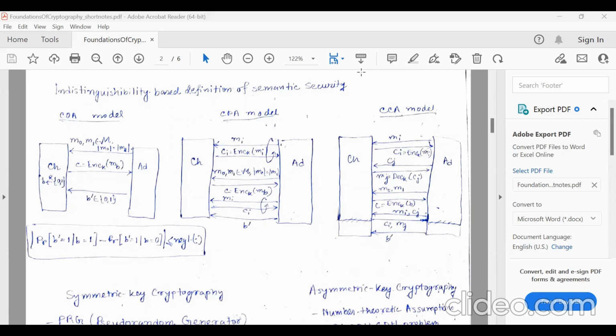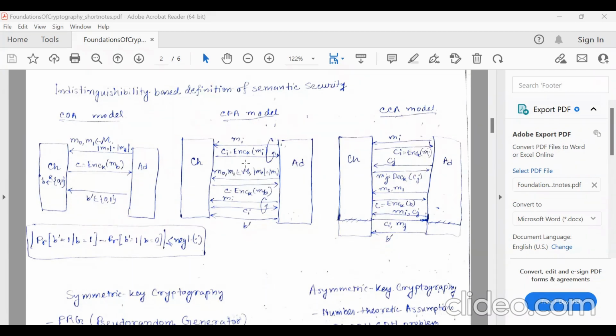So as you see, in case of the COA model, just 3 rounds of conversation are there. And in the CPA model, there is access to the encryption oracle, both in a pre-challenge phase and in a post-challenge phase. What do we mean by pre-challenge and post-challenge? There is a phase where the adversary gives the challenger M0 and M1 and in return gets back the encryption of one of them.